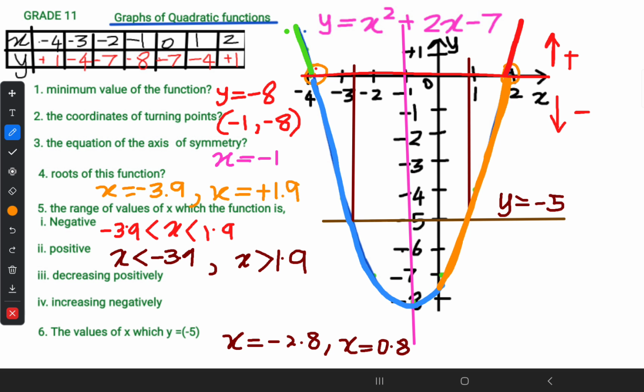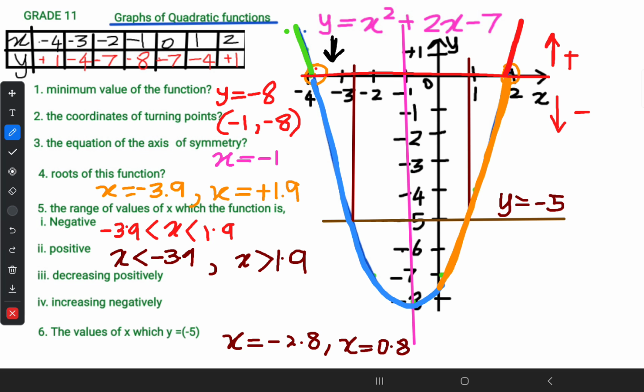Then let's come to our next part, decreasing positively. First I will analyze them. Thereafter, let's come to this question. So here, the function is positive, 1, 0.5, 0. The function is decreasing. Here the function is decreasing. Here also negative 1, negative 2, negative 3, negative 4, negative 5.